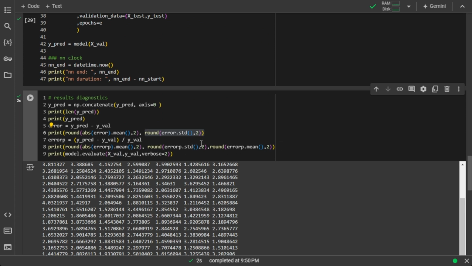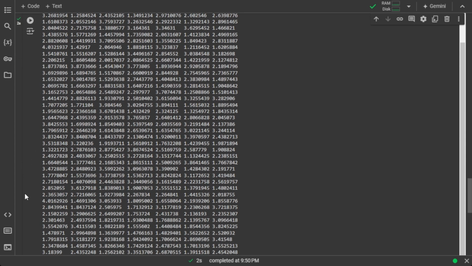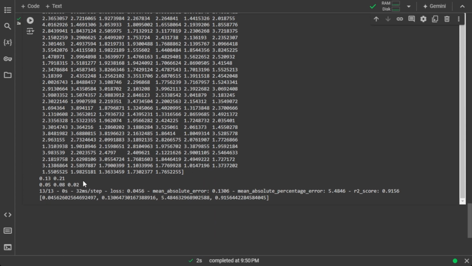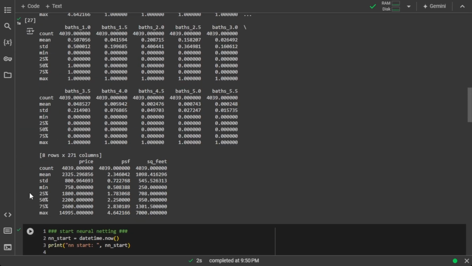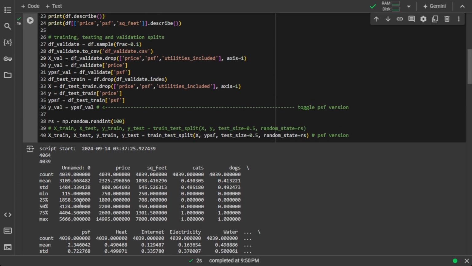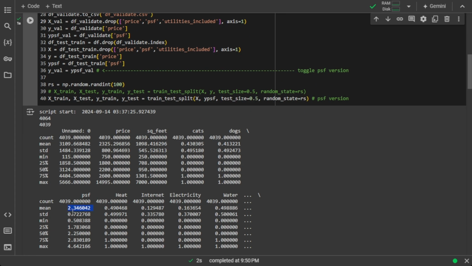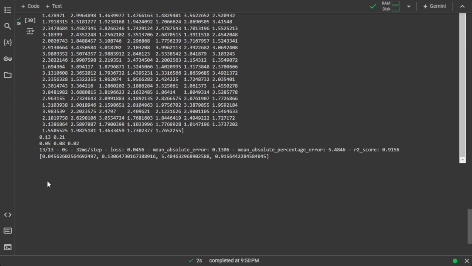Okay, just a bunch of standard deviation and kind of mean metrics. Considering that we're dealing with a mean per square foot value of $2.35, I would suggest that having standard deviations and errors in these ranges is not too shabby.